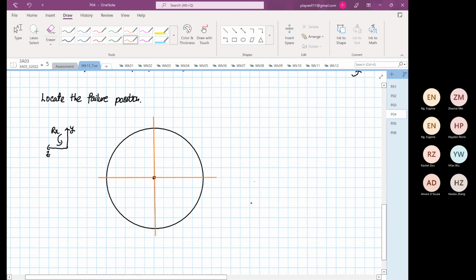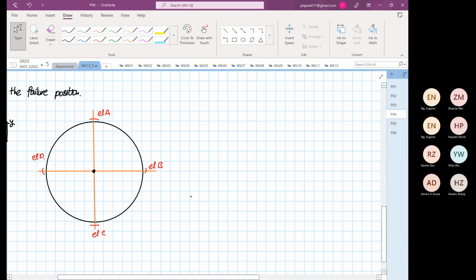So I'm going to call this element A, element B, element C, and over here, element D. Okay. So we're going to draw a table.